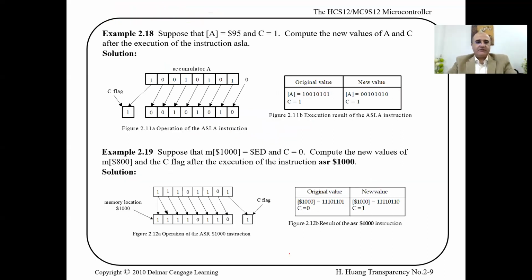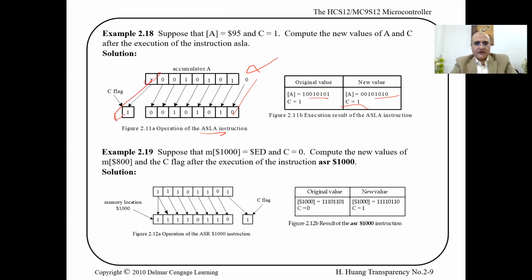Some examples. Original number, you perform the arithmetic shift left here on the number. What happens? Arithmetic, you bring a 0, every bit moves one step forward to the left, and the most significant bit goes to the carry. A here was a number, now it's a different number, multiplied by 2. The carry bit is 1 because the most significant bit was 1.